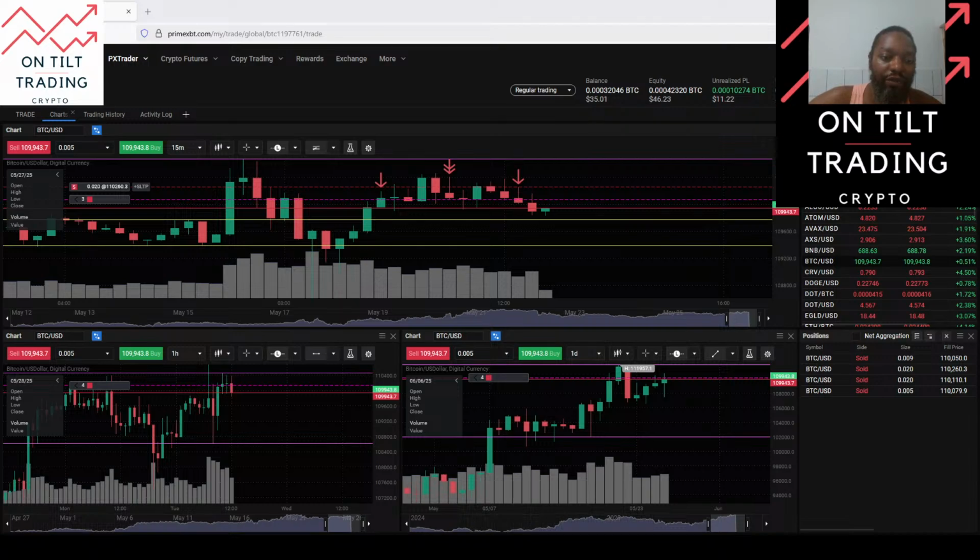That long failed, as you can see here in this area. But what happens here is the structure at the time, this would be the strong low at the time. This would have been the weak high up here. What happens here is a market structure shift.